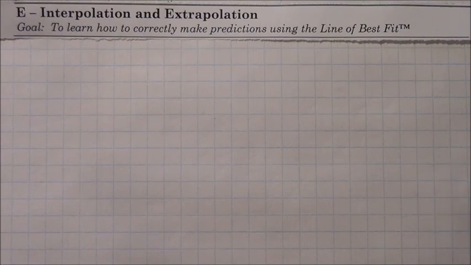In order to find values that are within the range of the data, between the high and the low points, we can use interpolation, and that's estimating some value that's within the scope of the data.